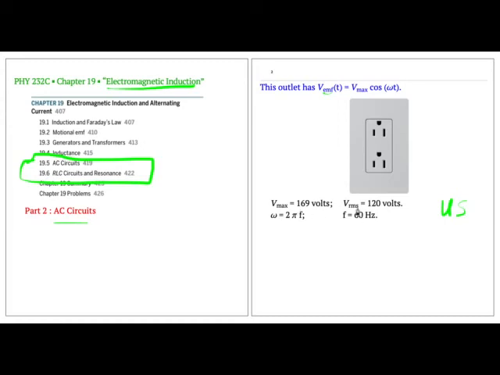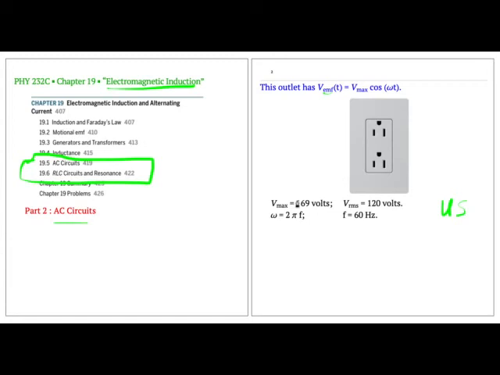The root mean square voltage is 120 volts. It's somewhere between 110 and 120 volts, but as a kind of a standard, we could say it's 120 volts. That's the root mean square voltage. The voltage varies between 169 and minus 169.